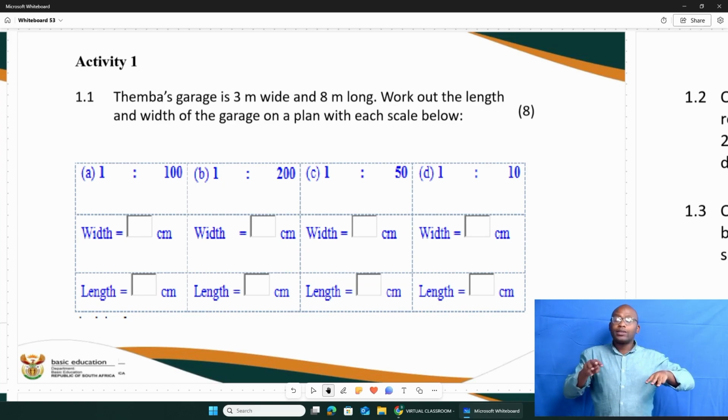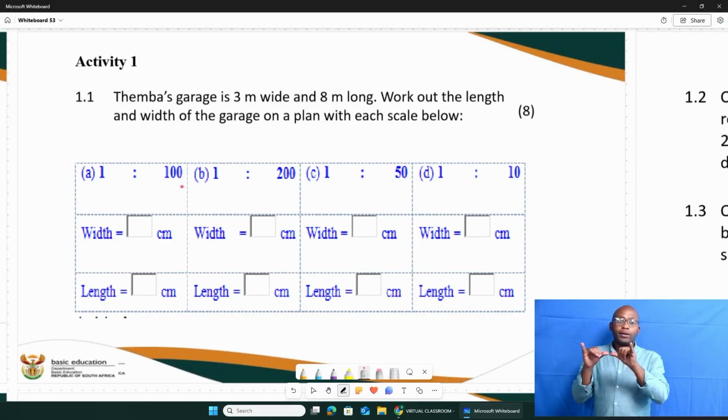So the scale here at A is 1:100. Now, remember the width is being given in meters. Now, you have to convert it from meters to centimeters.